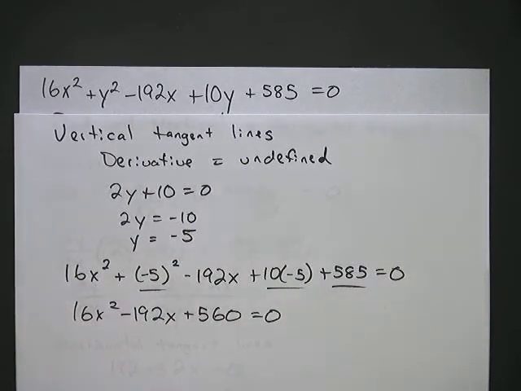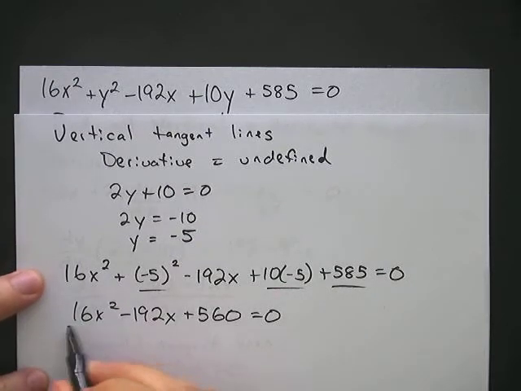Now, we need to factor this, but those are some big numbers to be factoring. So when you have big numbers and you're looking to factor something like this, the first thing to do is try to divide something out. The obvious choice is always whatever the number is in front of x squared, because that would make things as easy as possible. In this case, it does actually work.